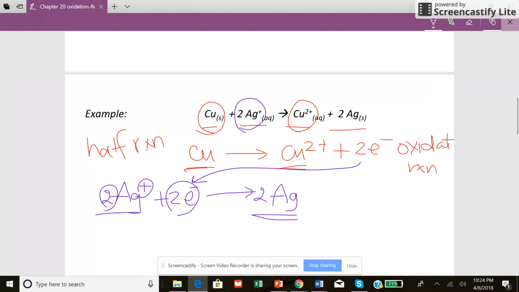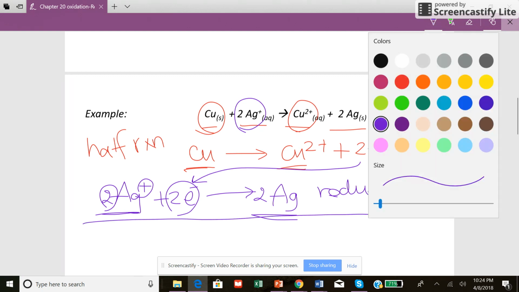So you see that now silver's oxidation number decreases from positive 1 to 0. So we say that this is a reduction reaction. If you want to summarize this, we can add the oxidation and reduction reactions together.